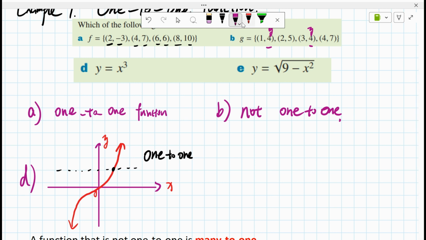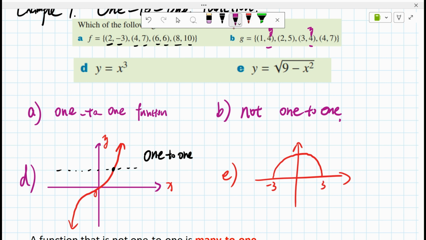And for question E, if we draw the graph again, we could do from 9 minus x squared. If you know this one, actually, this is a semicircle above the x-axis, and that's from -3 to 3.